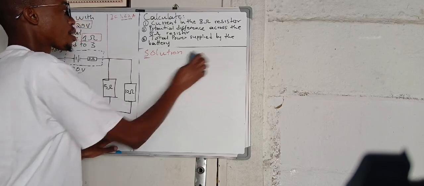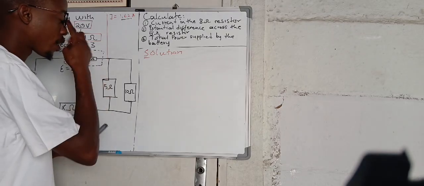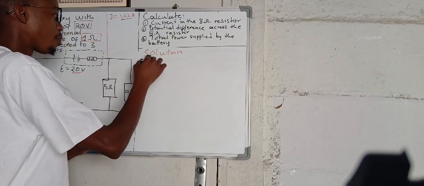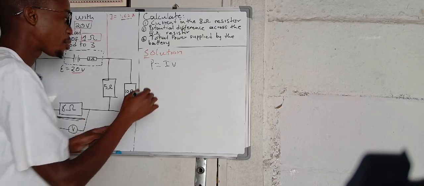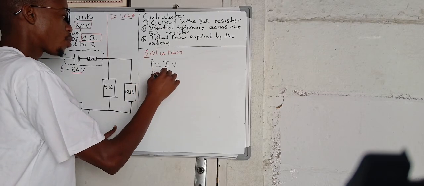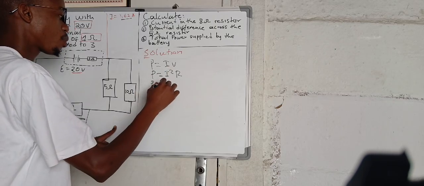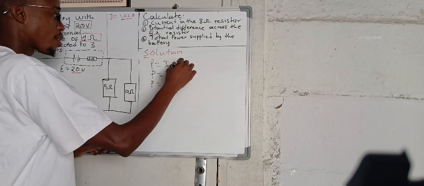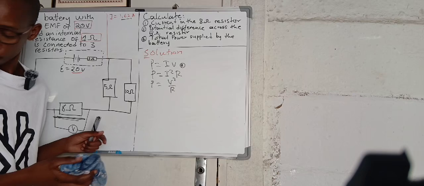The last question says, find the power supplied by the battery. Now let's check. I'm going to write the formulas of power that I have. We have P equals IV or VI, which is the one that I'm going to use. Or we have P equals I squared R, or P equals V squared over R. I'm going to use the first one.